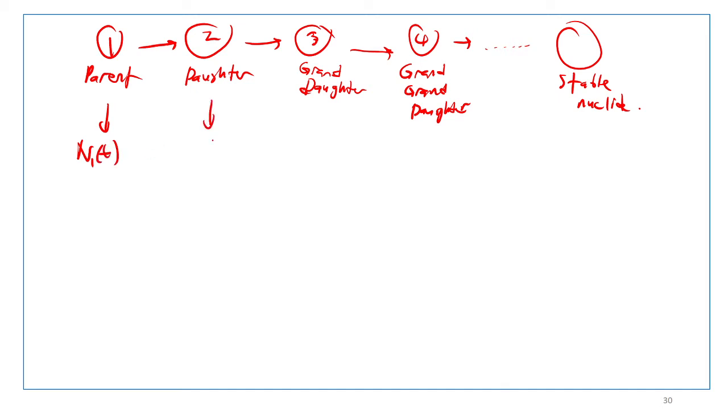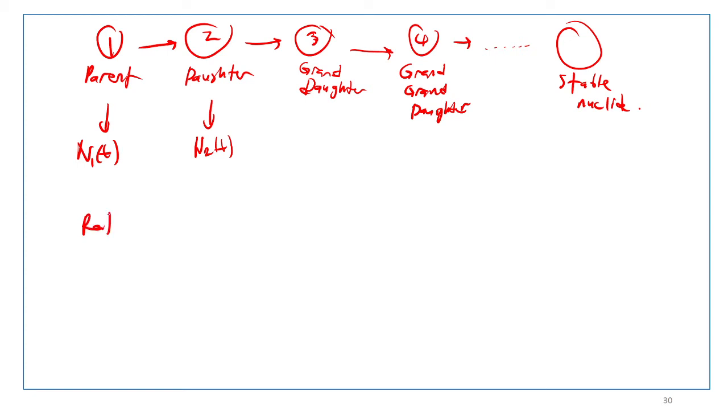Now let's think about the number of daughter nuclides, if it is also decaying, producing a granddaughter. So now think about daughter nuclides.